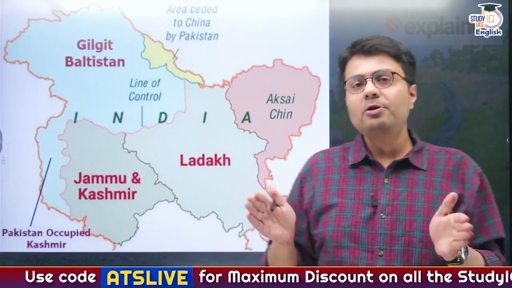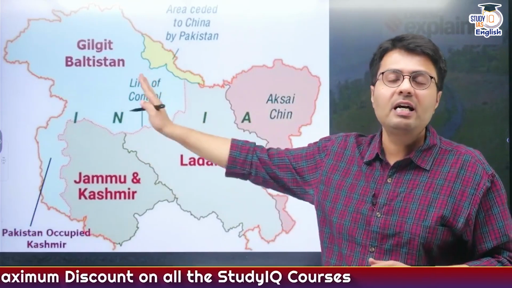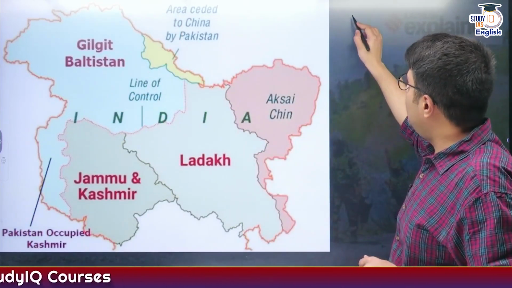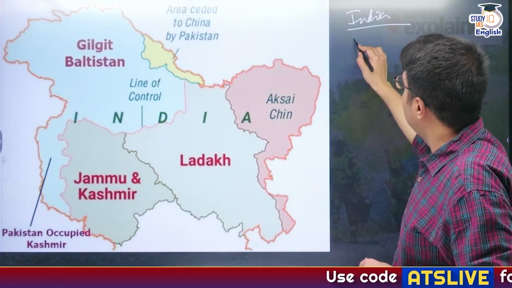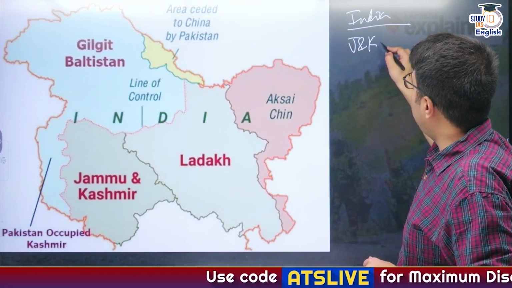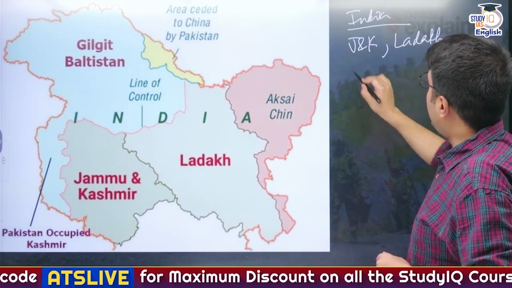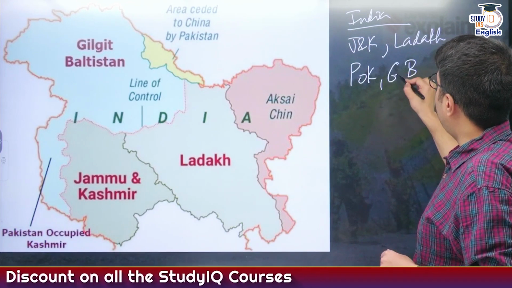Now, to conclude today's discussion, let us understand what is India's rightful legal and political control of the Jammu and Kashmir region. Under India, you will understand which of the following regions fall: Union Territory of Jammu and Kashmir, Ladakh. On the Pakistani side, POK and Gilgit-Baltistan belong to India.